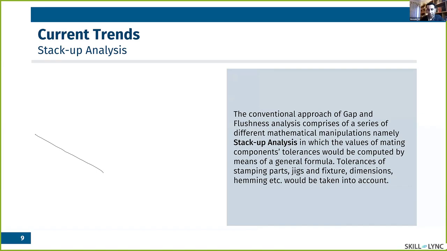Tolerances of stamping parts, jigs and fixtures, dimensions, hemming, and etc. will be taken into account. As the first step of the design, we would have analysis of master section.